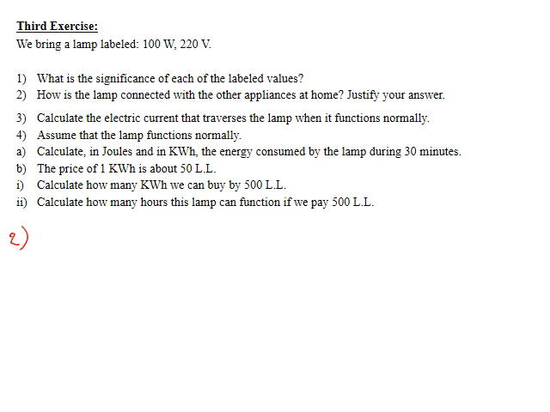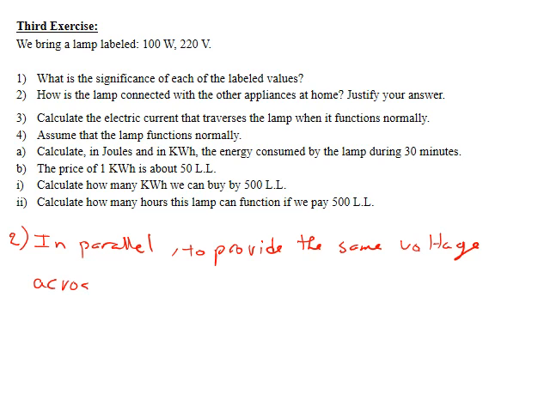Number 2. How is the lamp connected with other appliances in the home? Justify your answer. The lamp is connected in parallel to provide the same voltage across the wall outlets and to function independently.